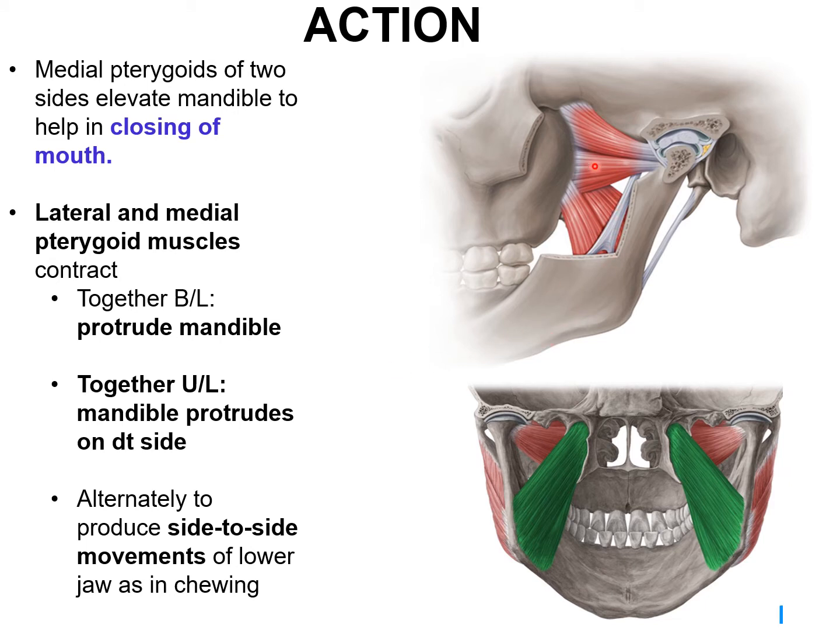With unilateral contraction of the lateral and medial pterygoid of the same side, the mandible protrudes on that side and pivots around the opposite side so that the chin is deviated towards the opposite side. And the lateral and medial pterygoid of both sides alternately contract to produce side to side movements of the lower jaw as in chewing.